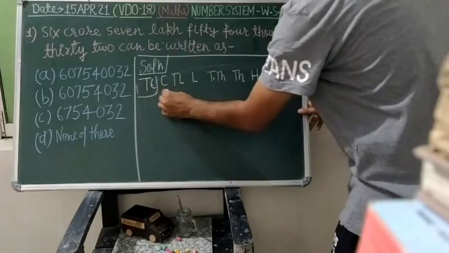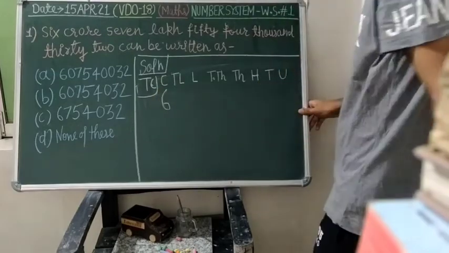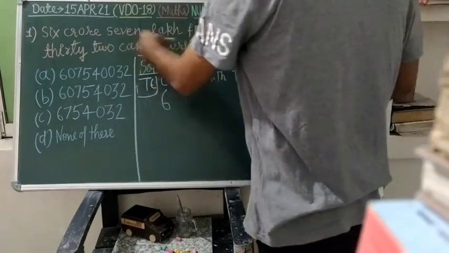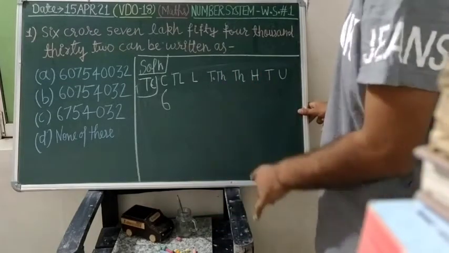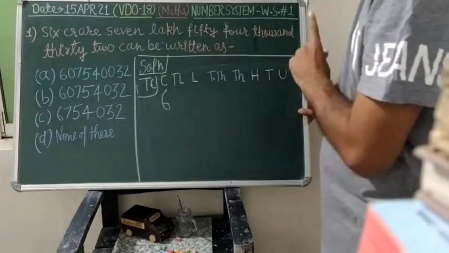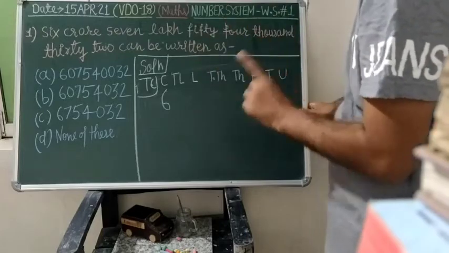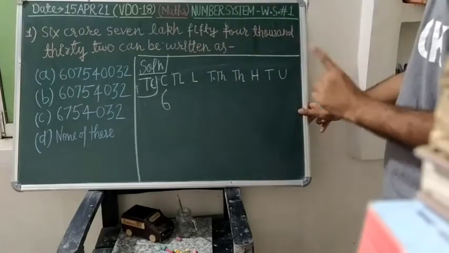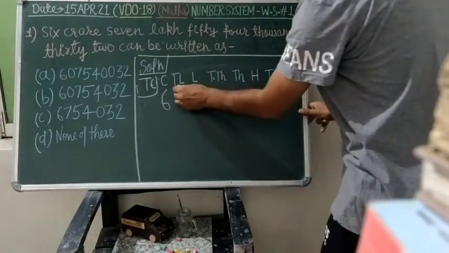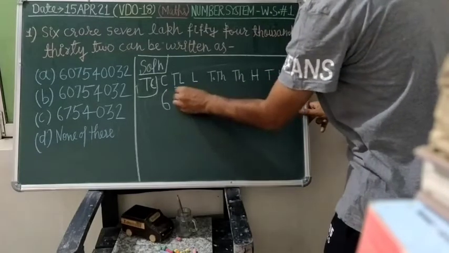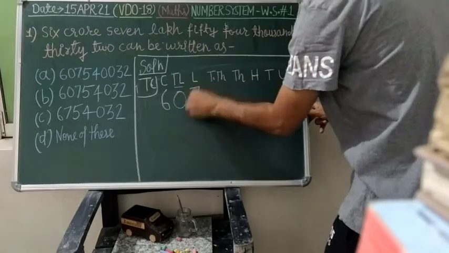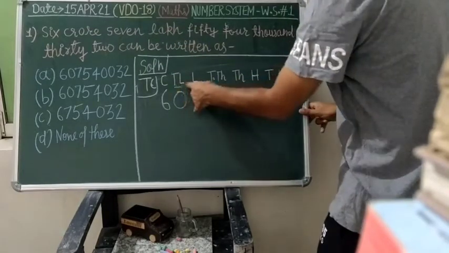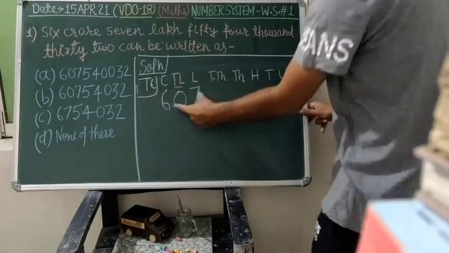So 6 crore means 6 here. 7 lakh is a single digit, so at the place of 10 lakh you will write 0, and 7 will be at the lakh place.